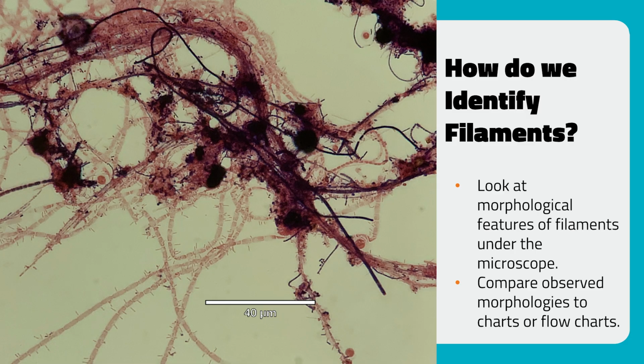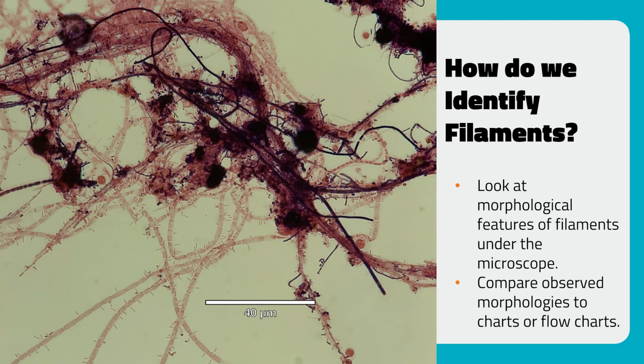So when we look at slides under the microscope, we are primarily looking at key morphological features with which to identify those filaments and ultimately identify what things are taking place within the system.